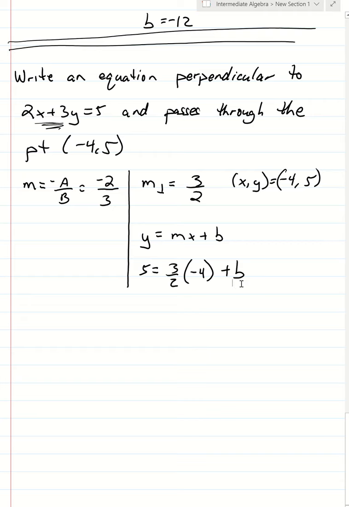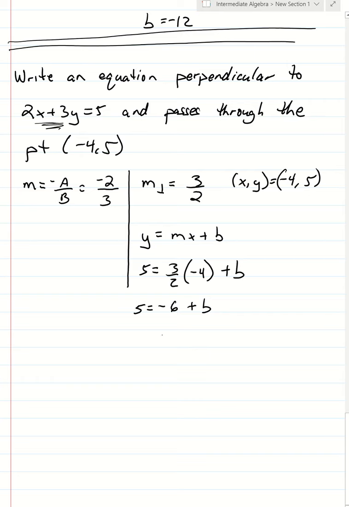Let's simplify what we can. 5 equals, if we were to multiply 3/2 times the -4, that of course would give us a negative, I believe that's a -6, plus b.